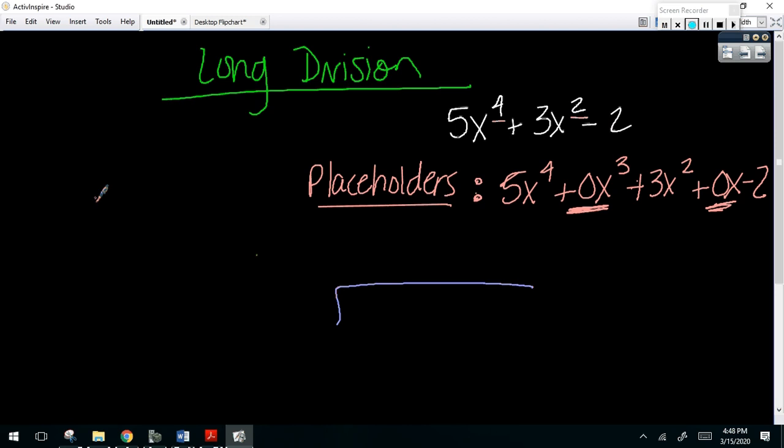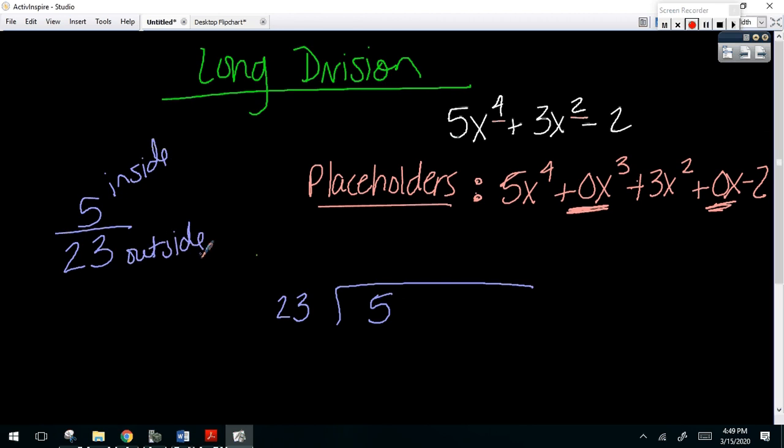So if I had 5 over 23, that's one way I could ask you to divide, and I would know then that 23 goes on the outside and 5 goes on the inside, right? This number on top is inside, this number on the bottom is outside, right? I could also write this as 5 divided by 23. And that would tell me where to put things.